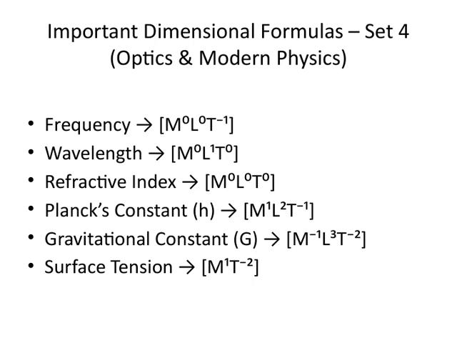Notice its unique dimensional dependence, especially the negative power of mass, indicating its inverse relation to mass. Finally, surface tension has the dimensional formula M1T-2, which makes sense because it involves force per unit length, reflecting the energy required to increase the surface area of a liquid.